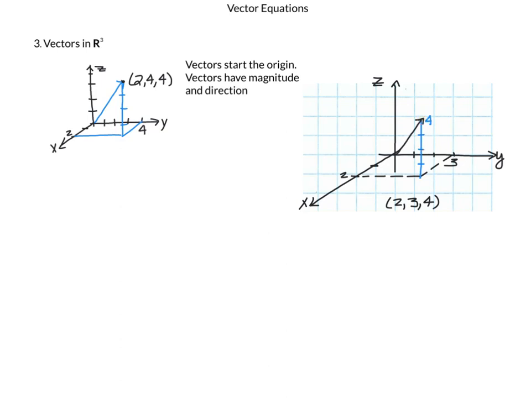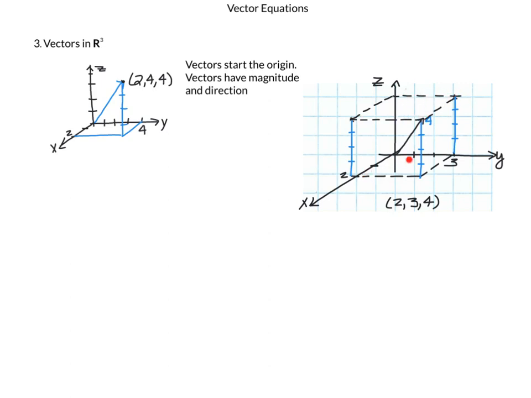To give you an idea of what this looks like dimensionally, around my vector 2, 3, 4, I drew in this box. At the corner of this box, I have this plane here, which is at x equals 2. I have this plane here, which is at y equals 3. And I have this plane here, which is at z equals 4.